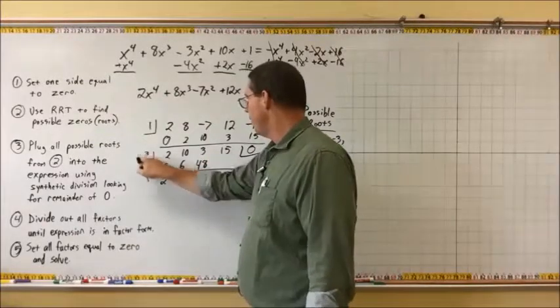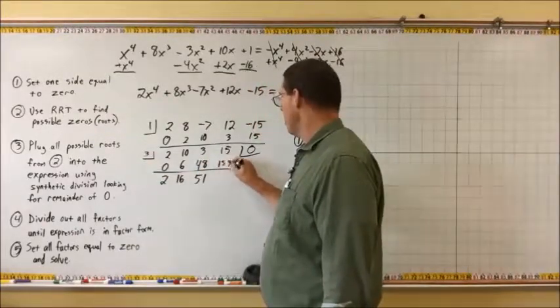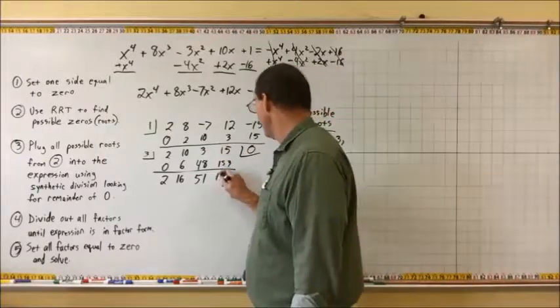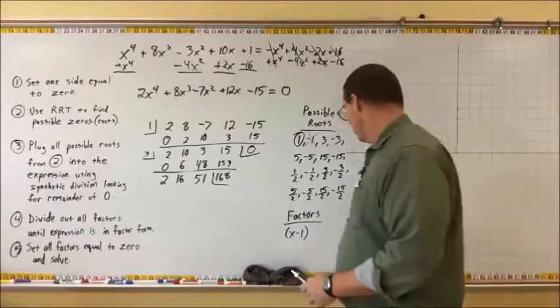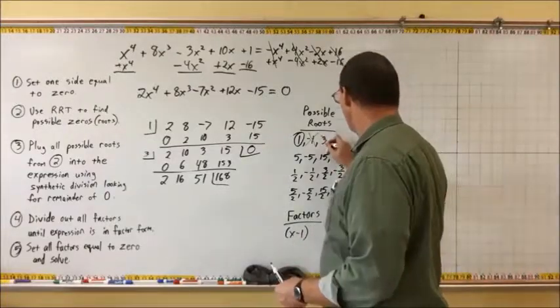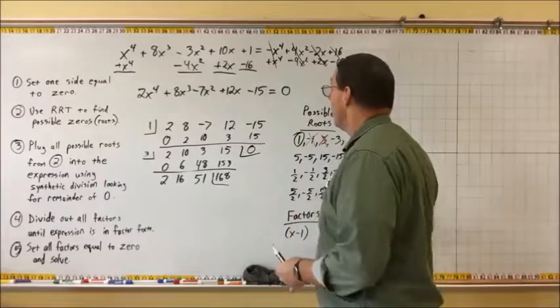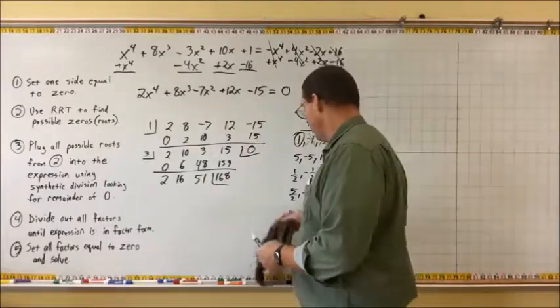It's getting big. 51 times 3 is 153, and 153 plus 15 is 168. That remainder is not 0. Therefore, positive 3 is not one of the roots of this polynomial.